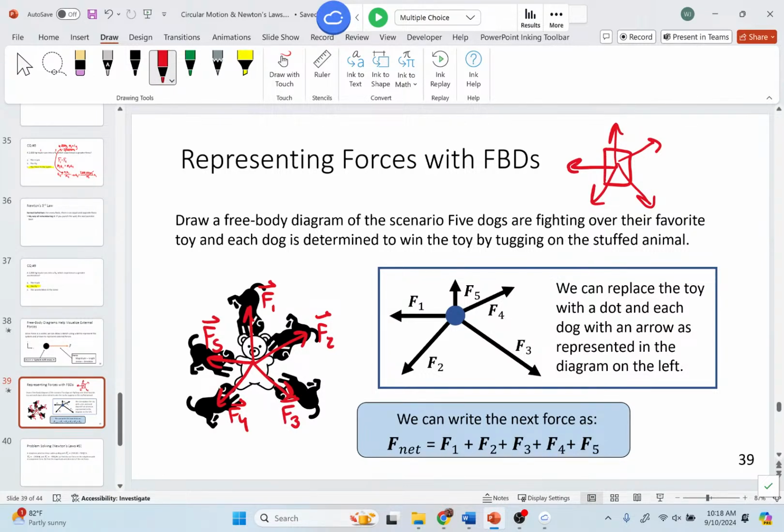So what will this problem actually be? You will find the x, we'll call this F net x. You will find F1x plus F2x plus F3x, and it just goes on and on. That's a 5, I got ahead of myself. F5x. And guess what? We get to do that for y as well. It's so good.